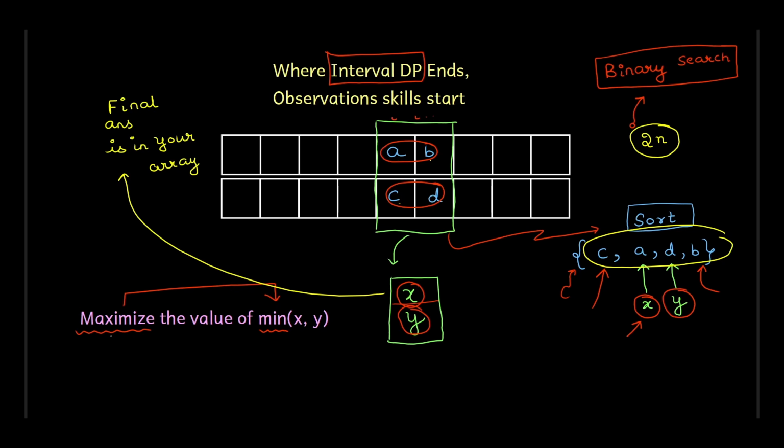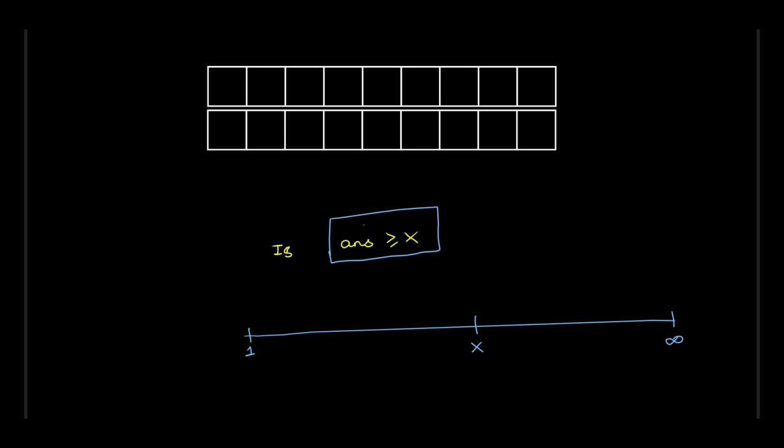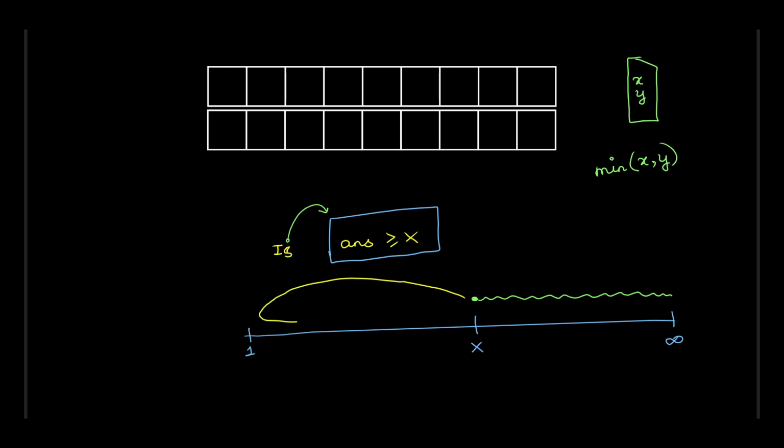Now, our goal is to maximize the final value. So, if I tell you that yes, there is a configuration in which the final answer, which is the minimum of X comma Y, is greater than or equal to X, then since you already have a configuration in which the answer is on this side from X to infinity, would you ever want to check for the feasibility on the left hand side?